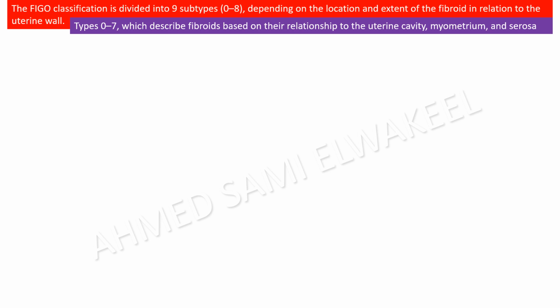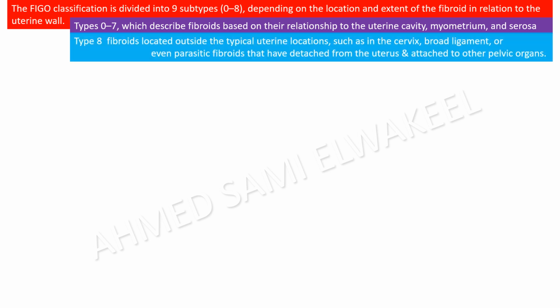Types 0 to 7 describe fibroids based on their relationship to the uterine cavity, myometrium, and serosa. Type 8 fibroids are located outside the typical uterine locations, such as in the cervix, broad ligament, or even parasitic fibroids that have detached from the uterus and attached to other pelvic organs.